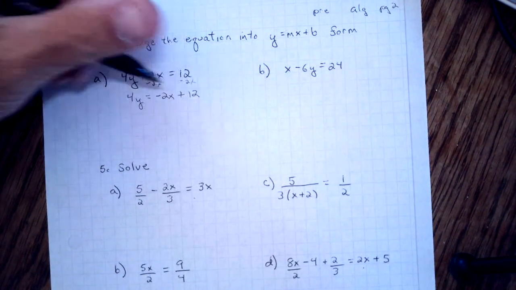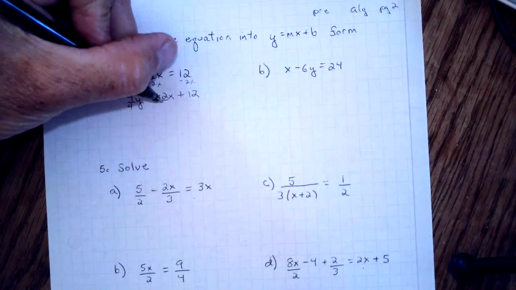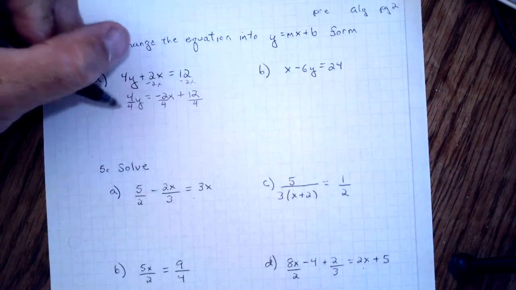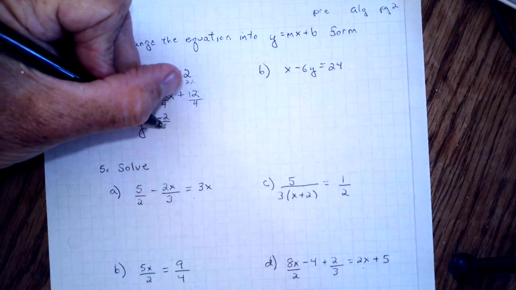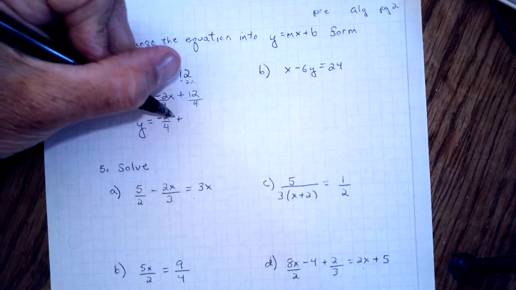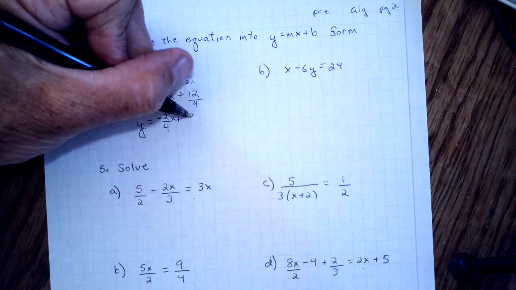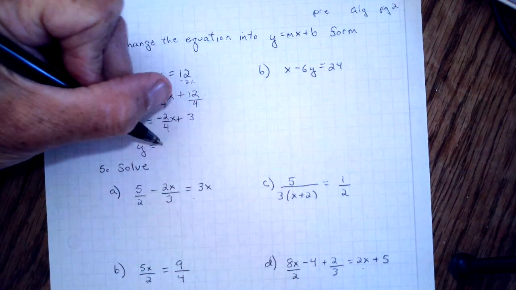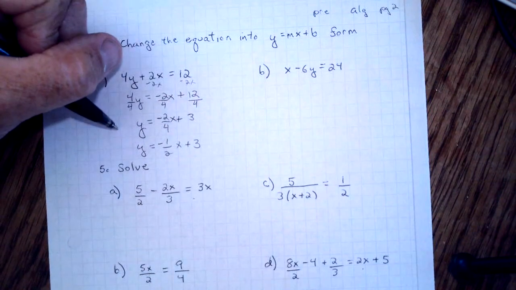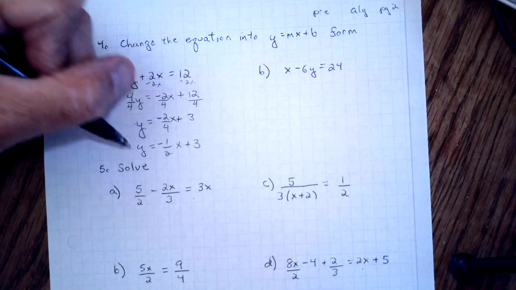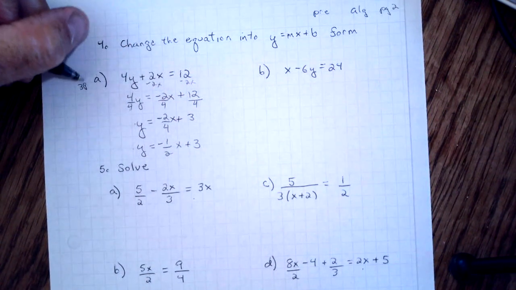I'm going to divide both sides by 4. 4 over 4 is 1, so I get y equals negative 2/4 times x plus 12/4, which is 3, or y equals negative 1/2 x plus 3. I'll accept either one of these two, and that's worth 3 points.